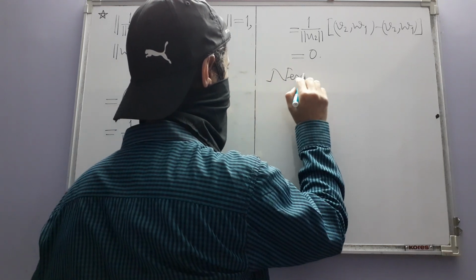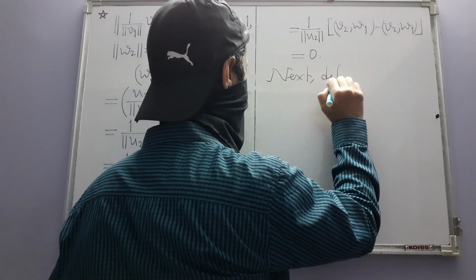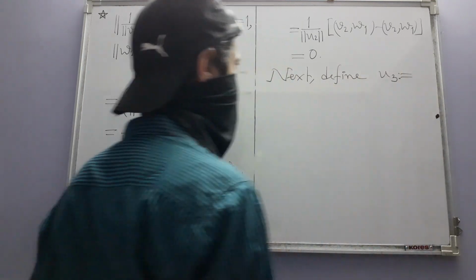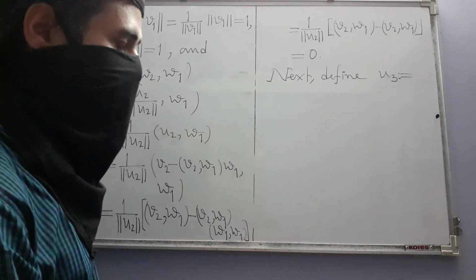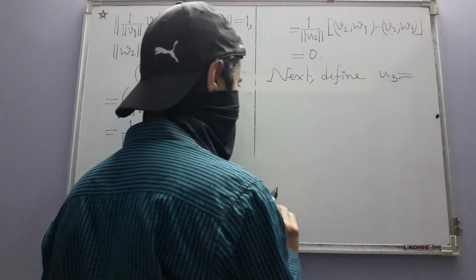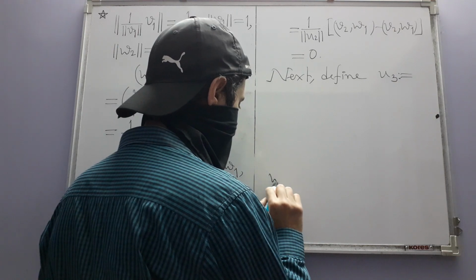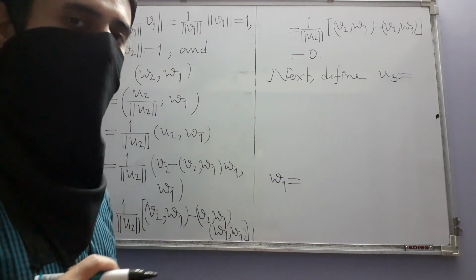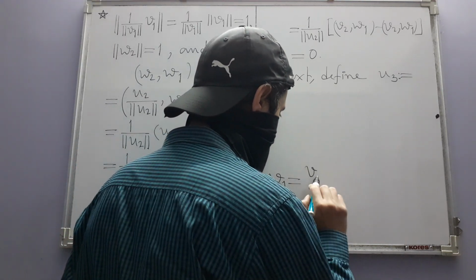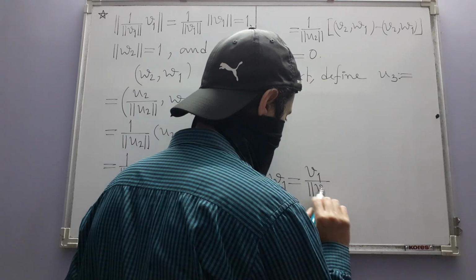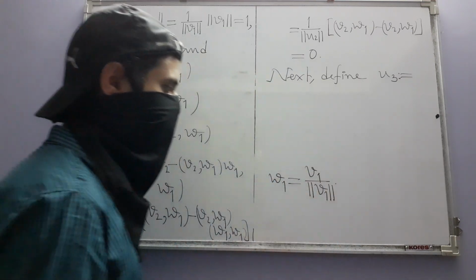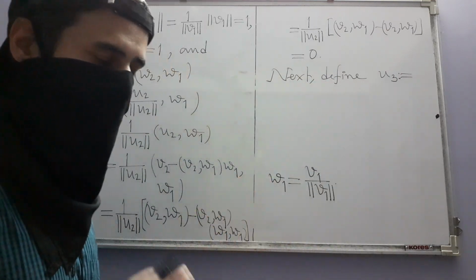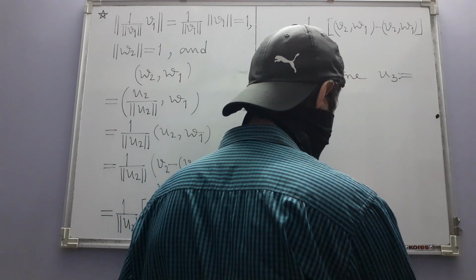Next, define U3. Okay, so to define, you can now probably see a pattern. W1 was defined using V1. W2 at once has not been defined, but it has been defined in steps.